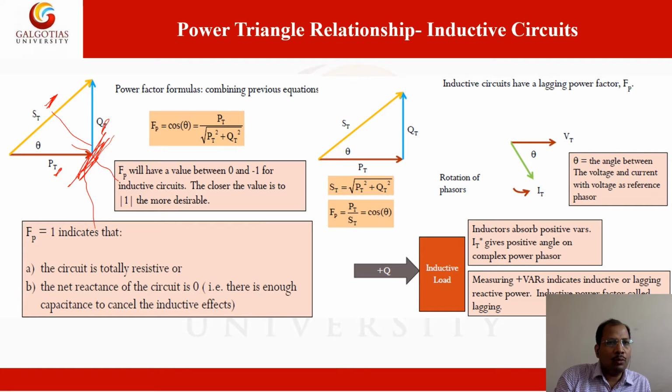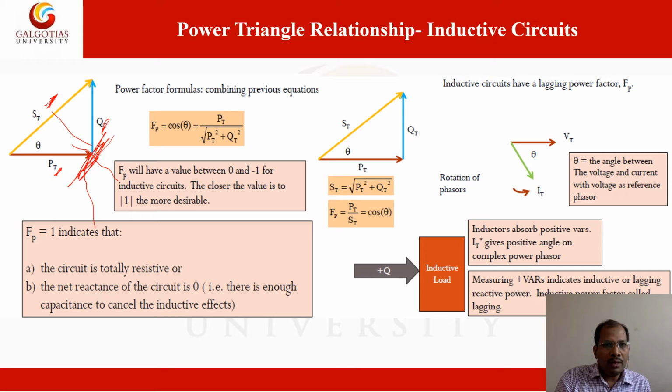These active and reactive powers are represented in the form of a triangle, which is called the power triangle. Here you can calculate the power factor using this power triangle: cos theta, where theta is the angle between the active power and the apparent power. So this is the power factor we can calculate.